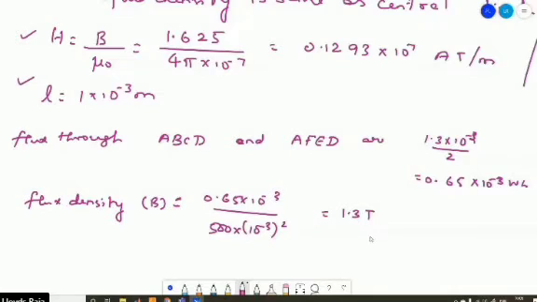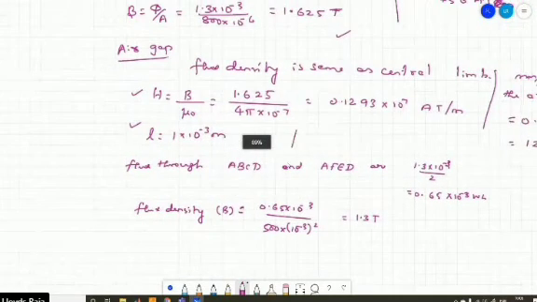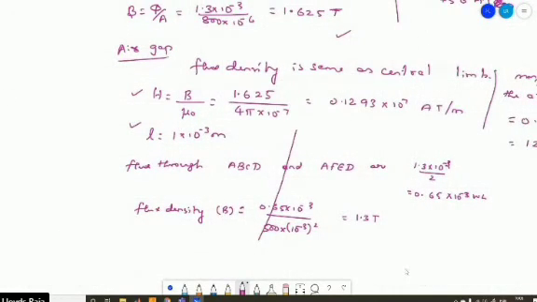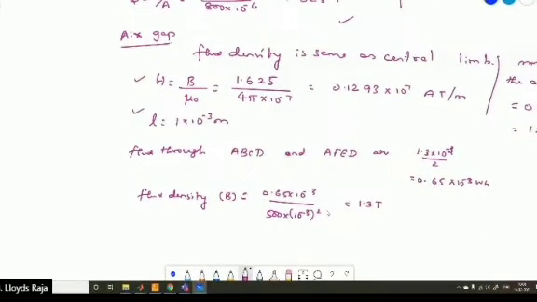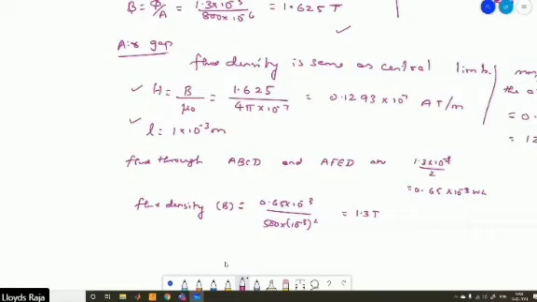Again, in the question it is given what the value of H is corresponding to B of 1.3 Tesla.